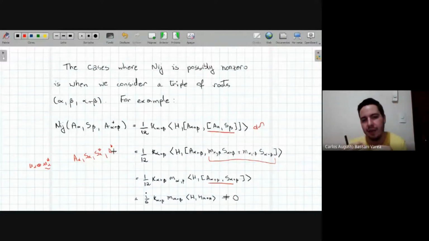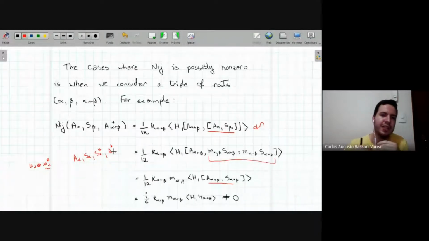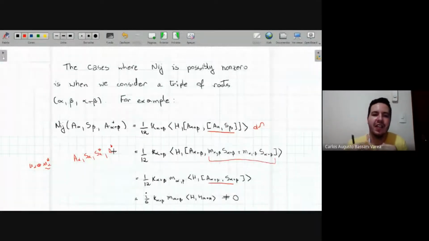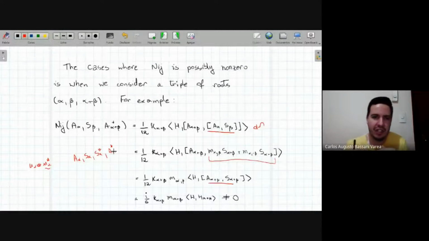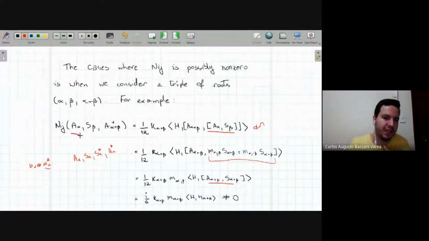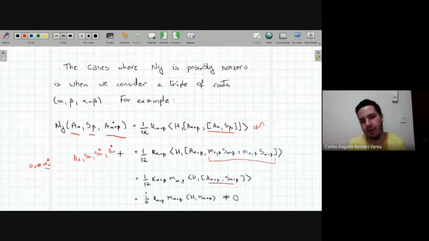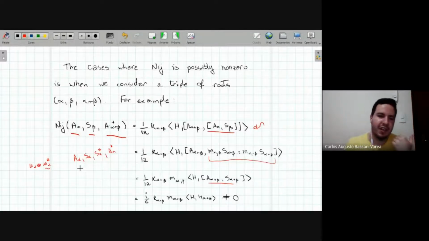What I did was to compute the Nijenhuis operator with all combinations for the triple of roots. So put alpha here, beta here, and alpha plus beta, and run over all possible combinations of the basic elements.